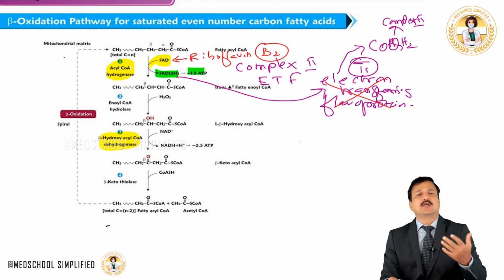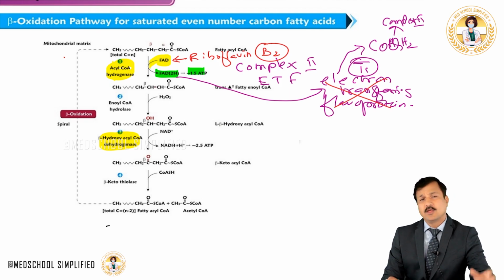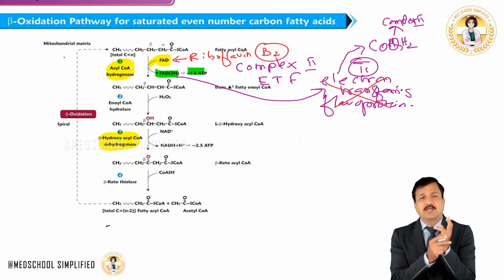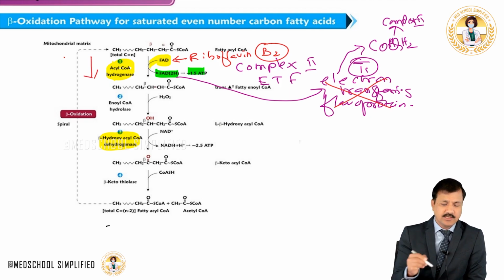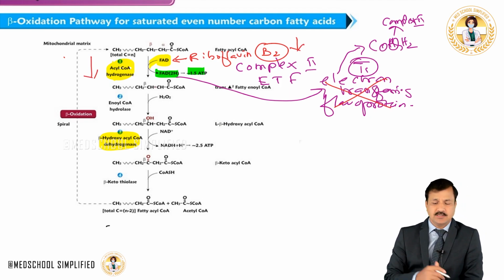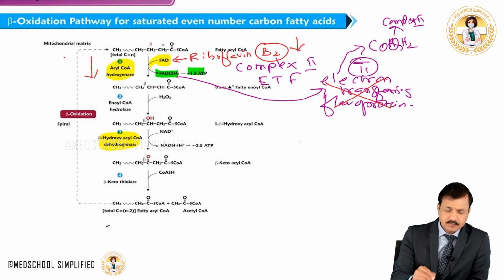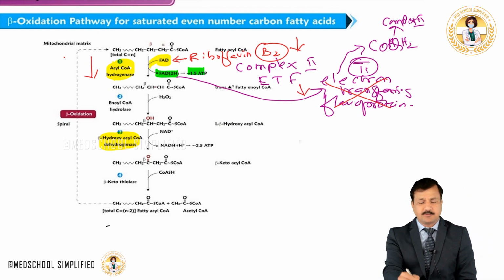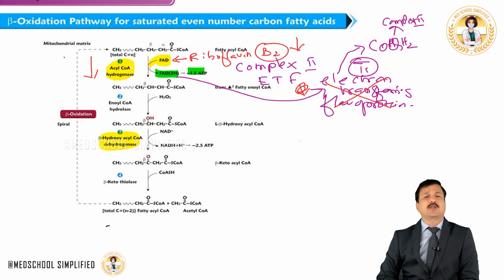So that's another aspect that we can look into. We can look into acyl-CoA dehydrogenase deficiency, that's one thing. We can look into riboflavin deficiency, that's another application. We can look into transfer of FADH2 into the electron transport chain through ETF, that is electron transferring flavoprotein, that's another important point.